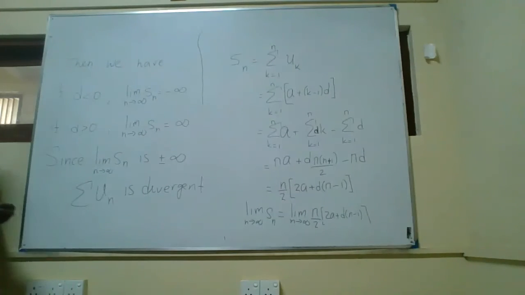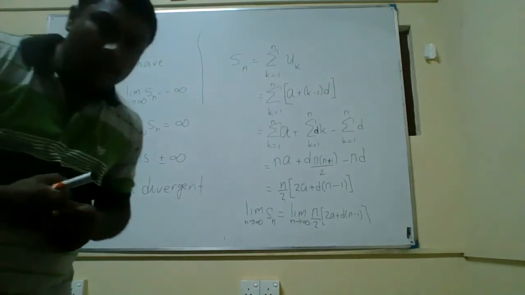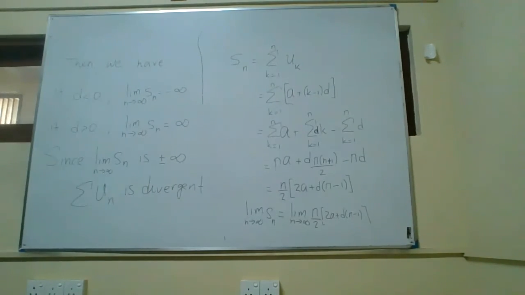Because the limit of the sequence is infinite, the series is a divergent series. So this is one example of a divergent series.